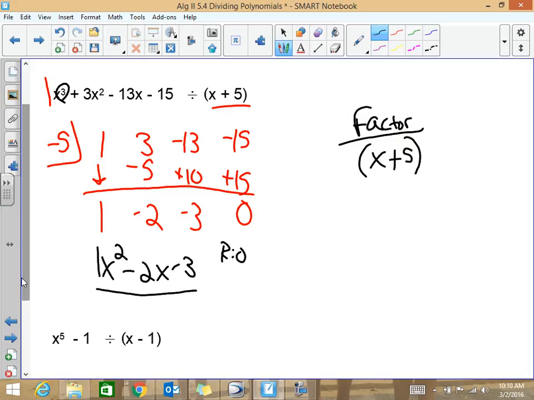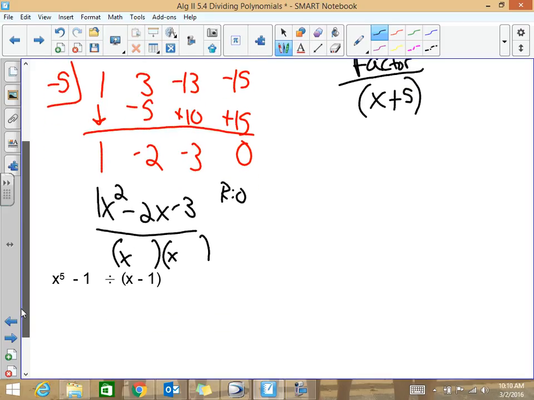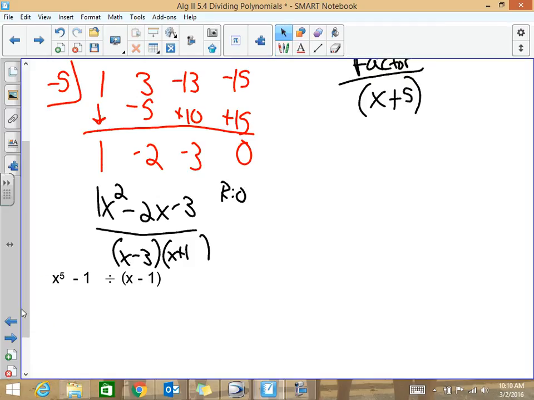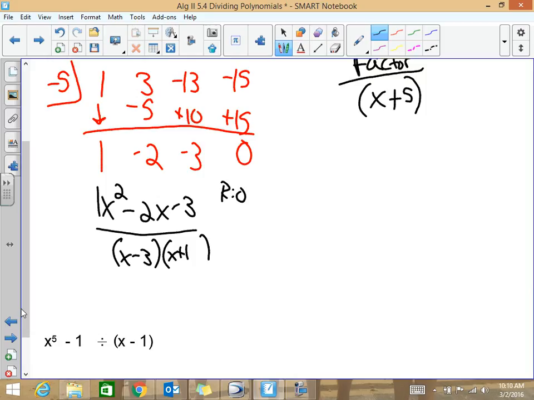A is 1, right? So what is the magic question? What multiplies to negative 3 and adds to negative 2? So what multiplies to negative 3 and adds to negative 2? Negative 3 and positive 1. Okay. So our factors are x plus 5, x minus 3, and x plus 1.